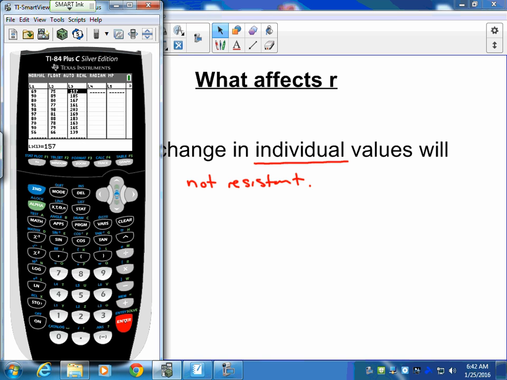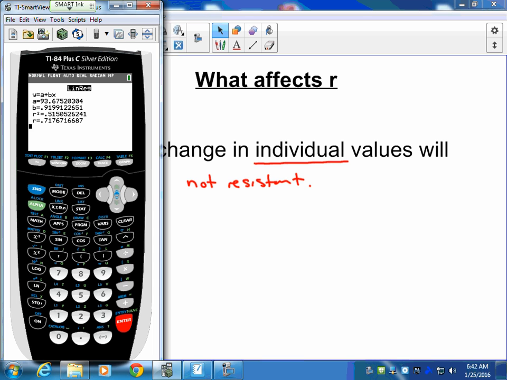So 2 times list 2 plus 7. Now I've got this new list of values, but if I go in and do my linear regression, comparing list 1 with this new list 3, notice we get the same R value overall.